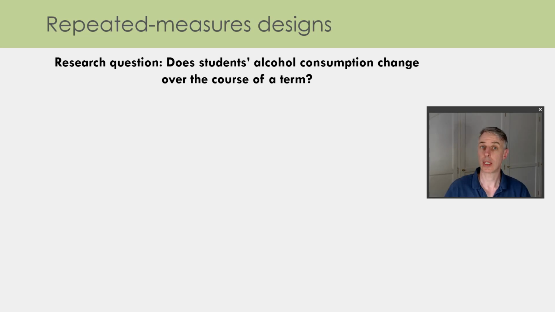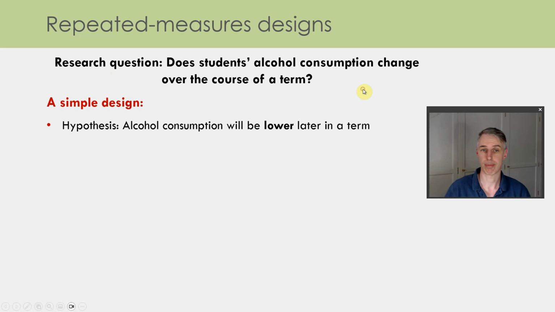Okay, so as I did last time, I'm going to start out with a research question. Think about how we can examine that in the simplest way in design terms, and then build some complexity on top of that to look at how it shapes our analysis options. So the research question we're looking at this time around is, does students' alcohol consumption change over the course of a term?